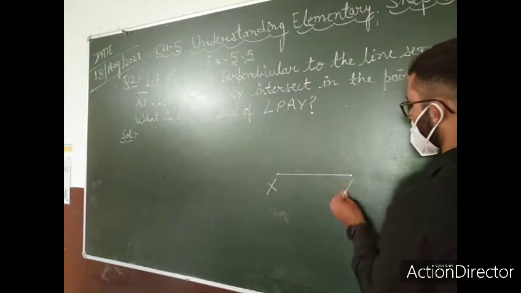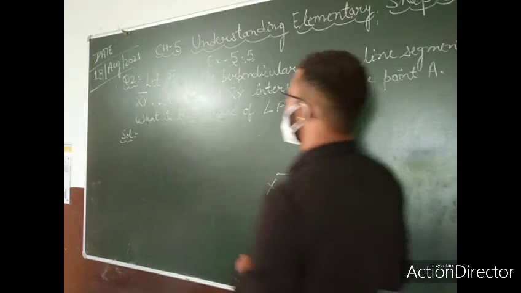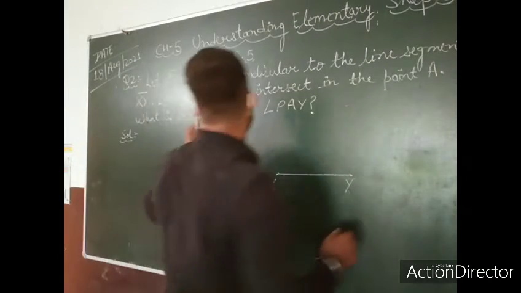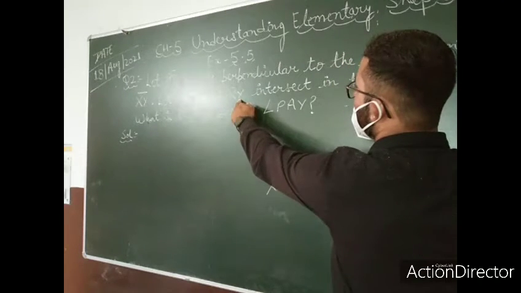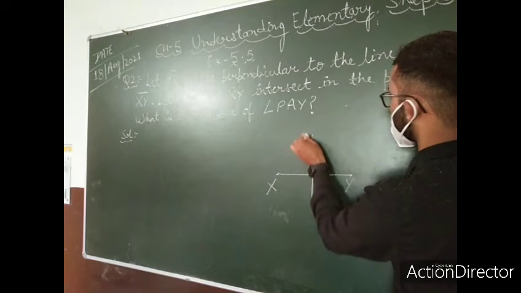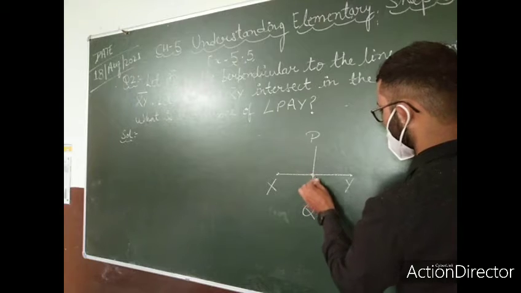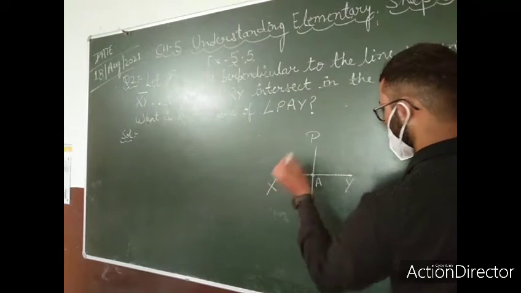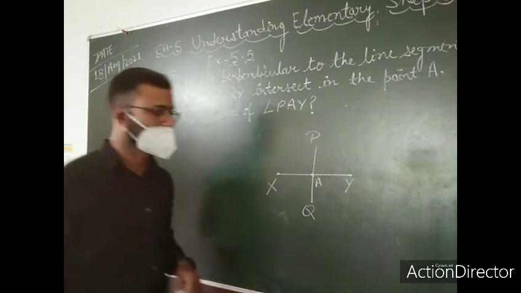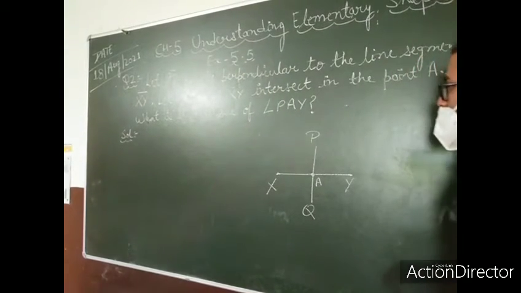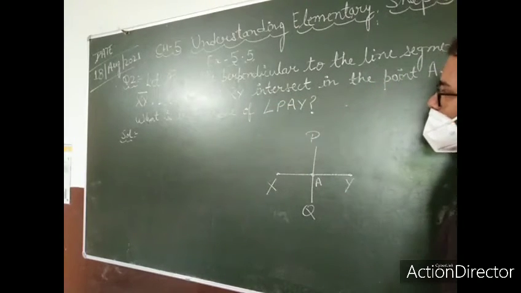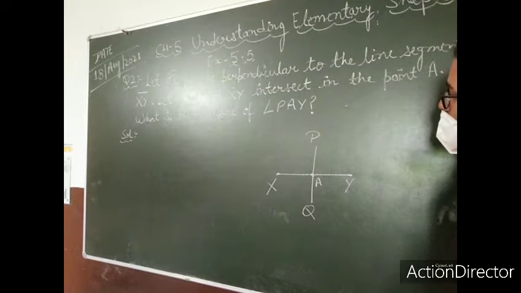Now we take another line segment, because PQ is perpendicular to XY, and these two line segments intersect at the point A. Now there are two line segments here, XY and PQ. So line PQ is perpendicular to line XY.